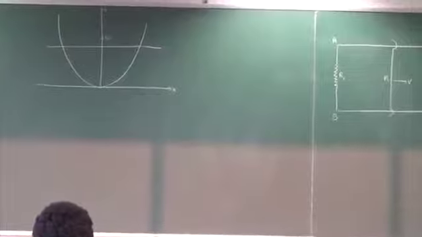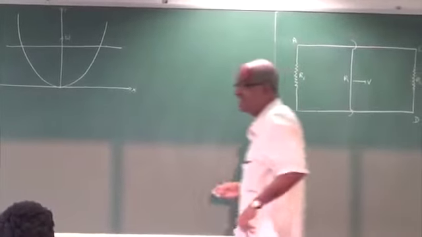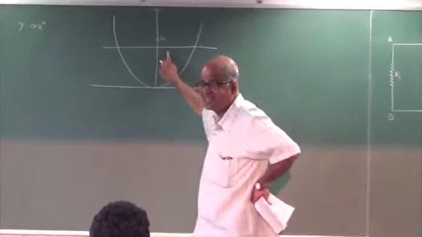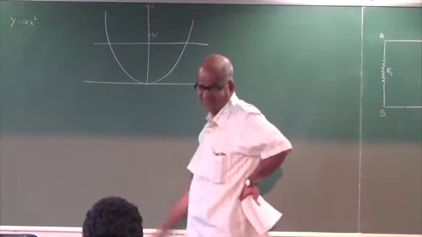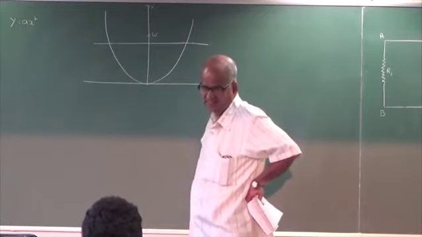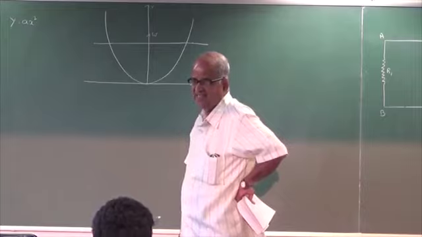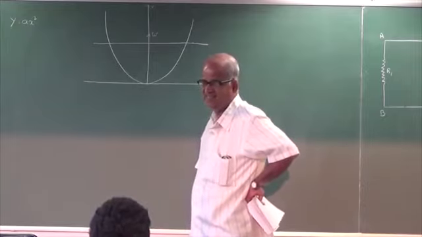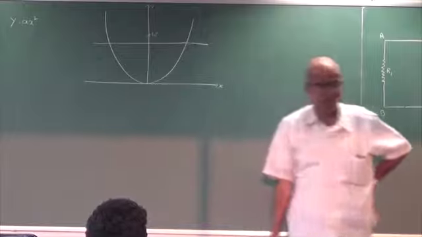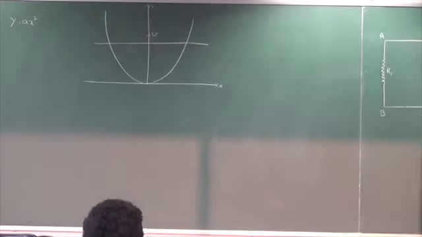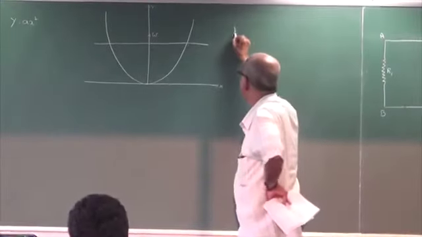We don't know what is V. We don't know what is L that you need to consider to find the area of the loop. L is equal to 2x. Will you agree? Yes. L is equal to 2x.